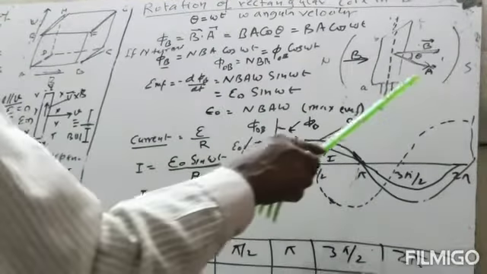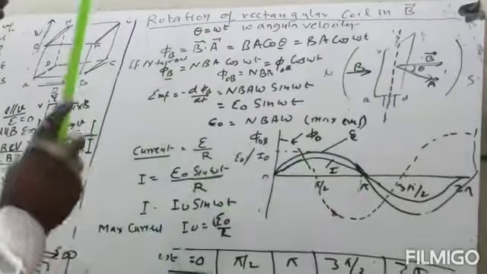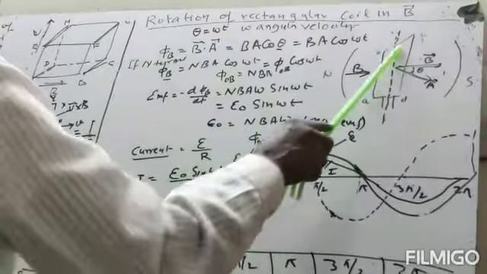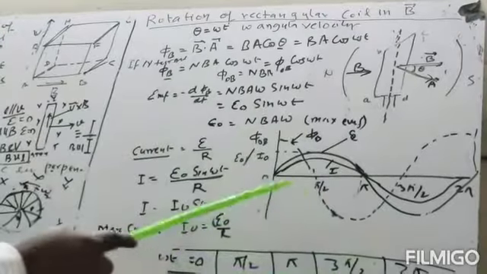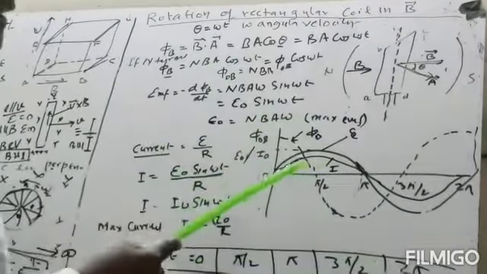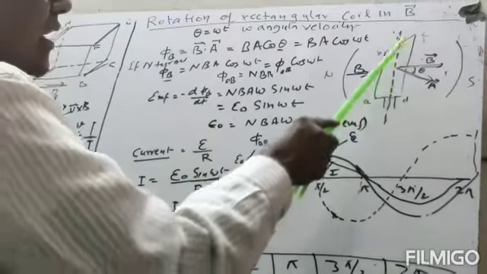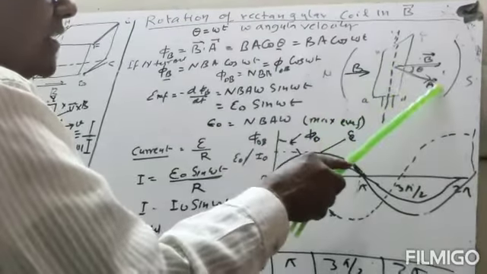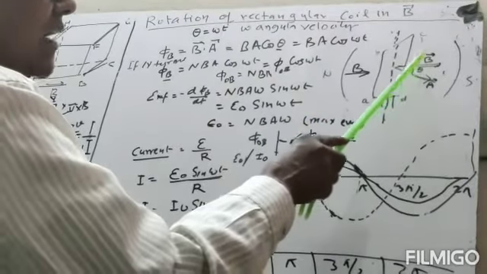The direction of the area vector will be perpendicular, or normal, to the area. Area is a scalar quantity, but the area vector is a vector quantity. Its direction is given by the perpendicular to the plane. So this is the direction of A at any instant, and theta is the angle between B and A.